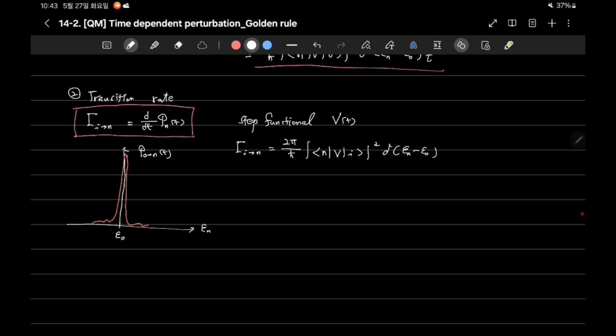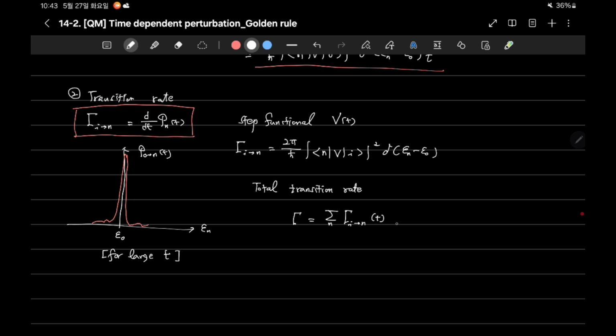So here it indicates that for the large t case, we should think of the total transition rate. The total transition rate gamma considers all kinds of quantum states from i to n.